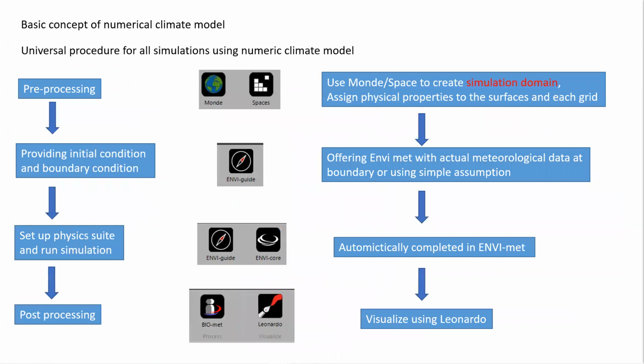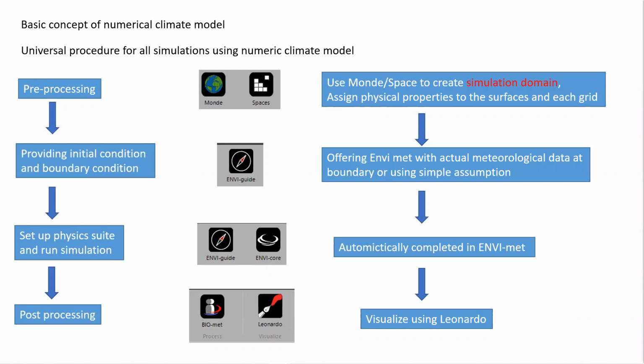And for all numeric climate model simulations, the procedures are the same. No matter whether you're using Envi or doing weather forecasting, there are 4 steps. First is the pre-processing. We need to prepare the areas that we are interested in for the model. In Envi, we finish this task by using Monde and Space. We can create a space, which in the terminology is called the simulation domain.